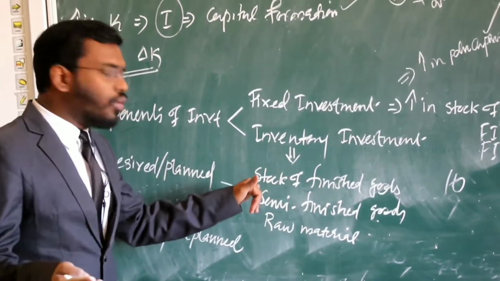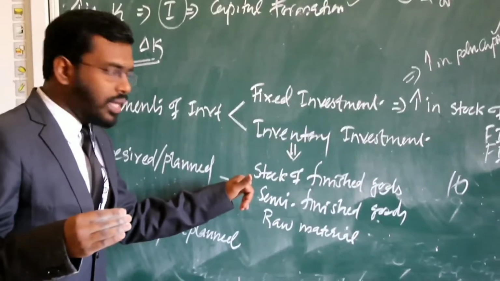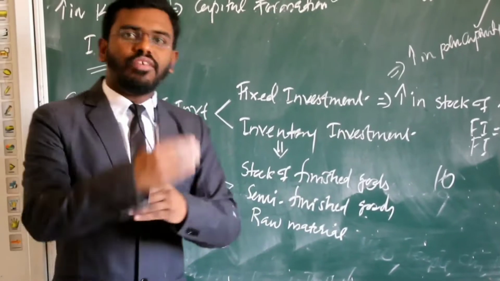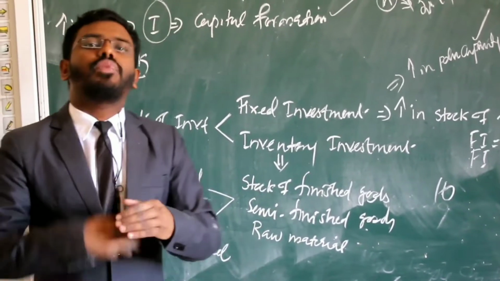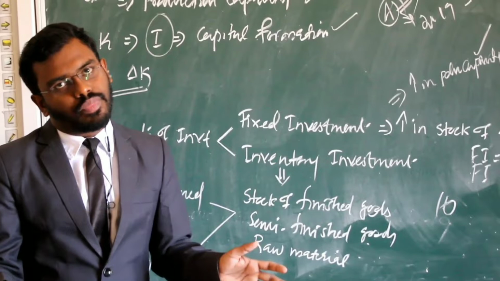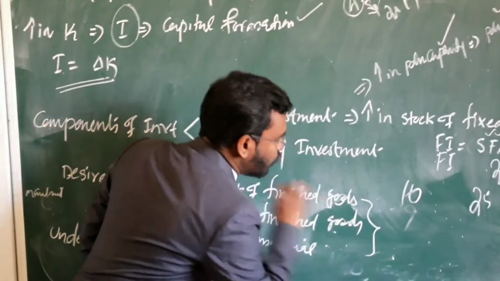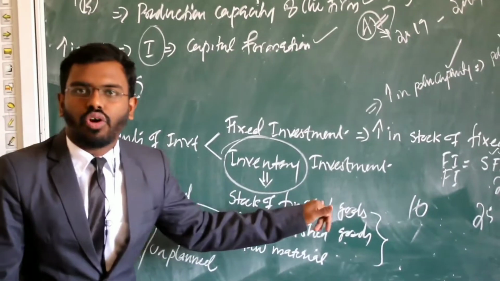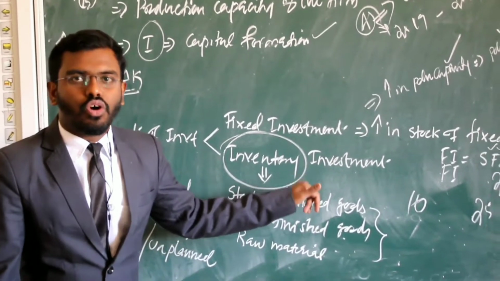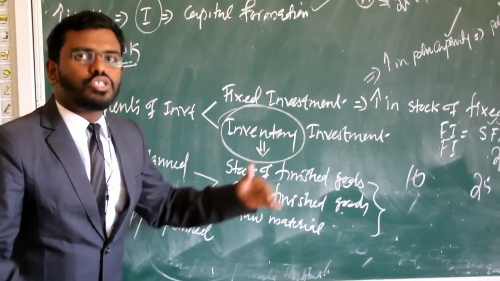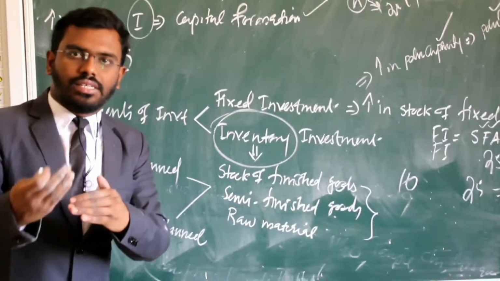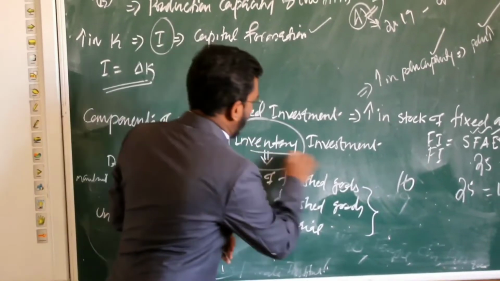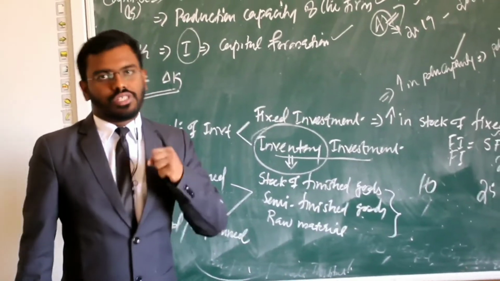So for that purpose, he may keep stock of some finished goods, or stock of some semi-finished goods, or stock of some raw material with himself. These stocks are known as inventory stock. So when this inventory stock changes or increases, that increase in inventory stock is known as inventory investment.